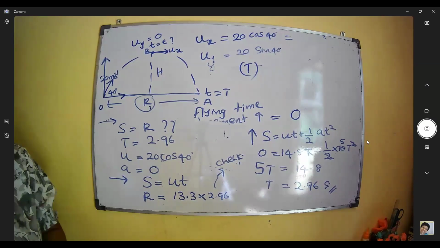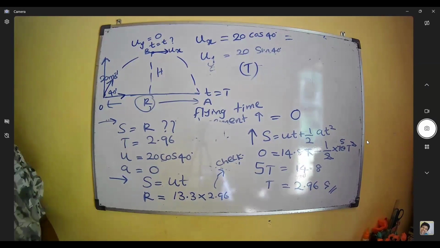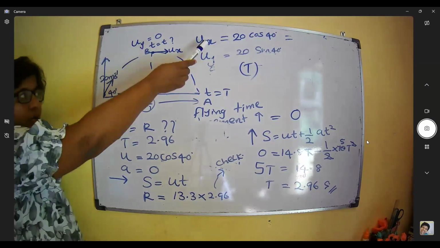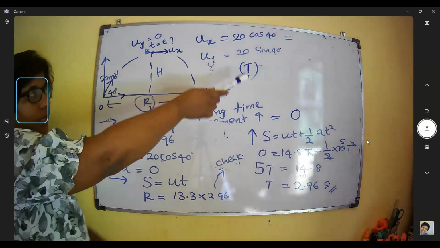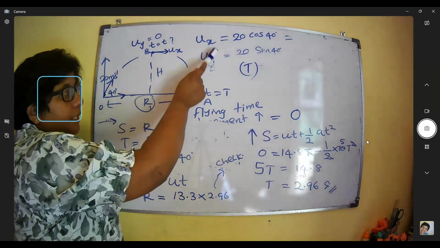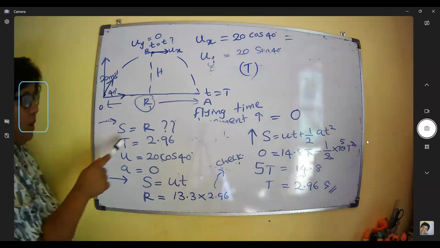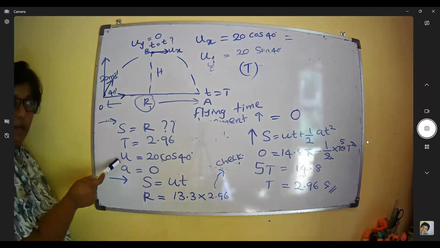Right? These are the things under projectile motion. You should remember the two components of the velocity, the vertical component and also the horizontal component. The horizontal component is not changing.